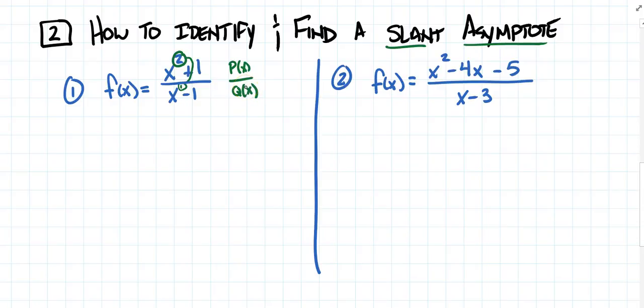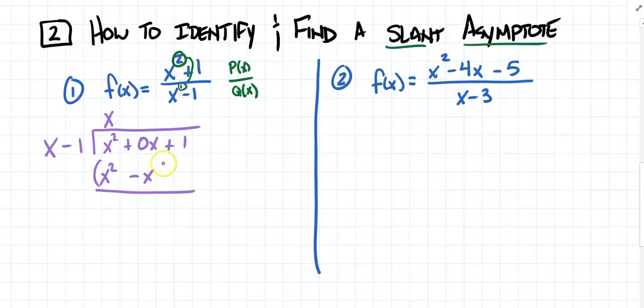The way that you find a slant asymptote, you guys, is by long division. I know you're so happy right now to hear that. So we're going to do x squared plus 0x plus 1. Notice I have my 0x in there as a placeholder, and we proceed as we already know how to do. Okay, x goes into x squared x times, x times x is x squared. x times negative 1 is negative x.